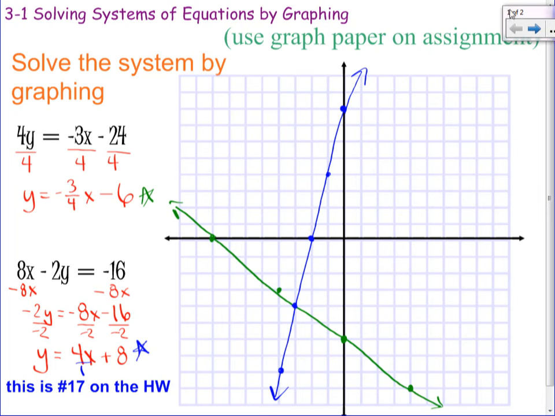It's just the coordinate right here. -3, -4. So that's solving a system by graphing. You just graph your two lines, figure out where they intersect.